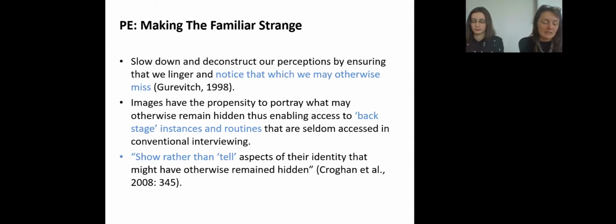And often in photo elicitation interviews that I've conducted, and I'm not sure if you've found this as well, Jo, sometimes participants will be like, I can't get out what I'm trying to say here. And they have trouble trying to find the words that convey what it is they've captured in the photo.